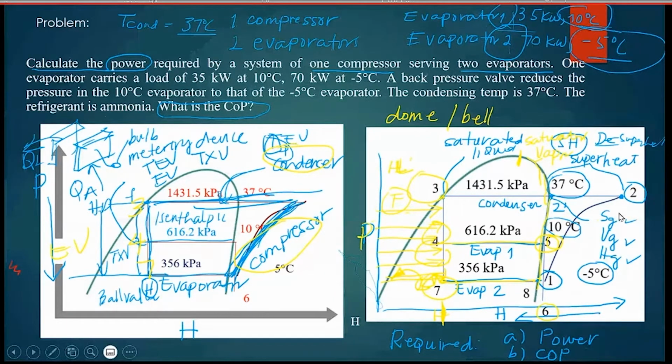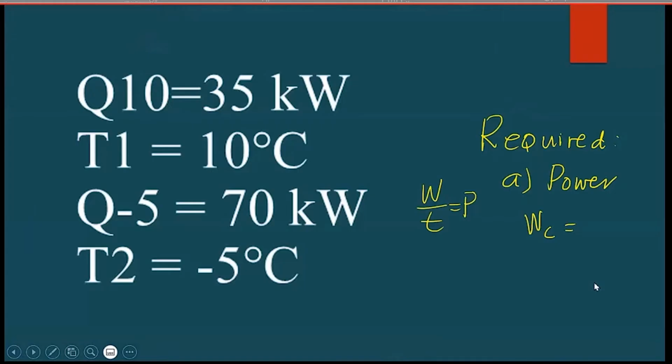So 2 is the discharge point of the compressor and 1 is the suction point of the compressor. So 2 is obviously higher, no? The energy at 2 is higher. Higher temperature, higher pressure. 1, lower pressure, lower temperature. As you can see, it's -5 only, no?